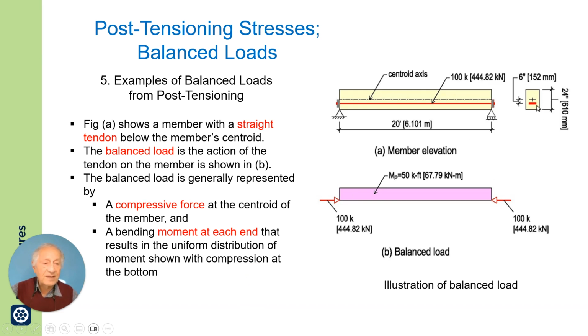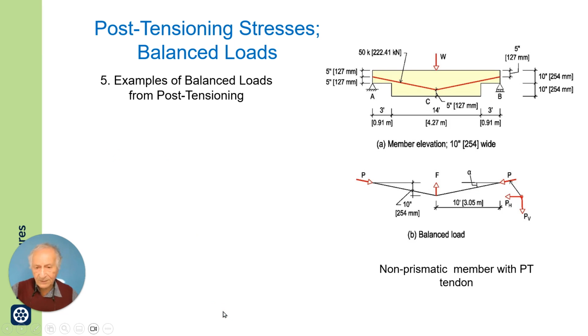Force times eccentricity will cause a bending moment at each end, and that bending moment results in this distribution that I have. So to analyze this member at the top, you will be using what I have shown here at the bottom as the contribution of the tendon.